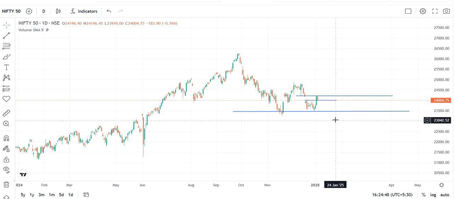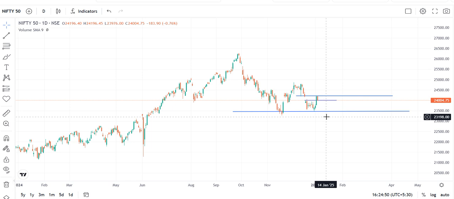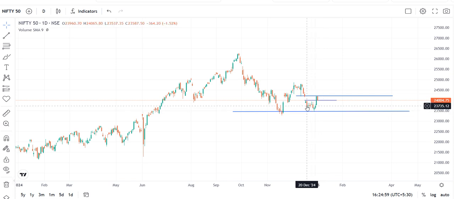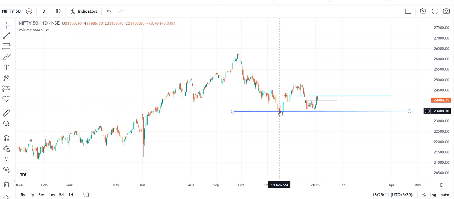The next big thing, I mean big, strong support, I should say, this is a strong support, right? 24,000, 23,400. Because you can see these are the many candles, 1, 2, 3, 4, 5, 6 to 7 days candles, right? They are taking support here, and also this range forms here. So this is going to be a very strong support to break.